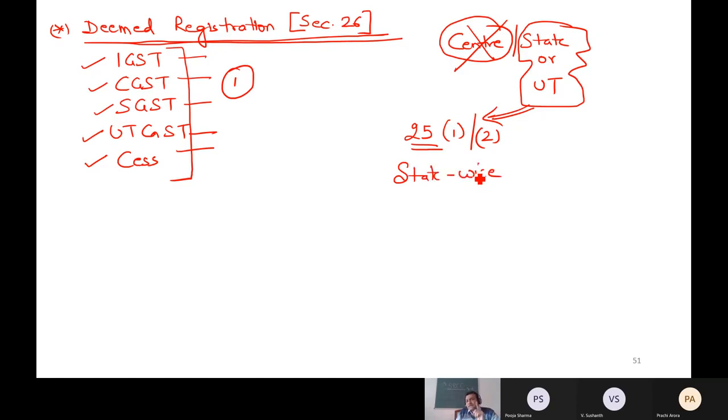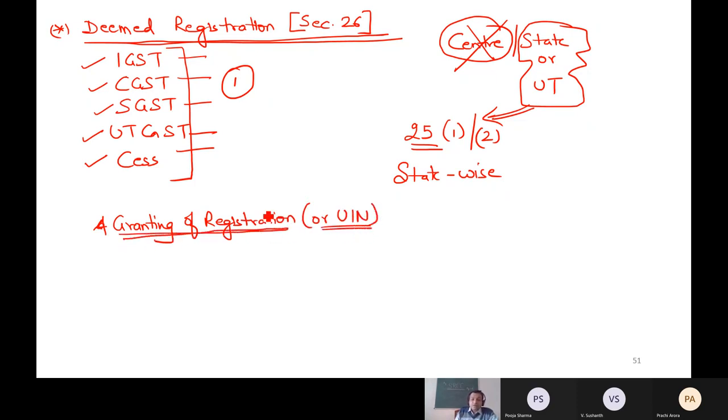That means I have to apply in each state or UT from where I am making the taxable supply, but there is nothing to apply as far as center is concerned. So that is why what is mentioned is that application for grant of registration or unique identity number, because these two things are available: either registration, and in exceptional cases like embassies, United Nations offices, we don't have registration, you will be assigned a unique identity number.